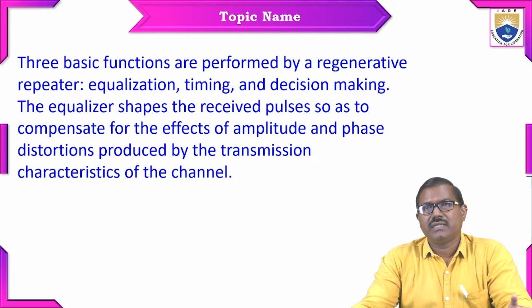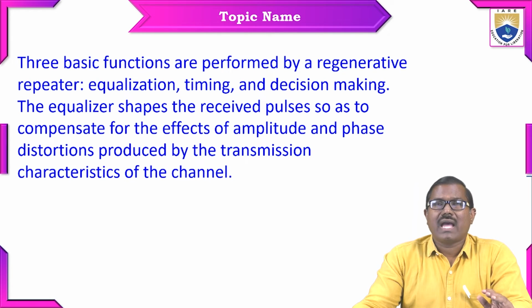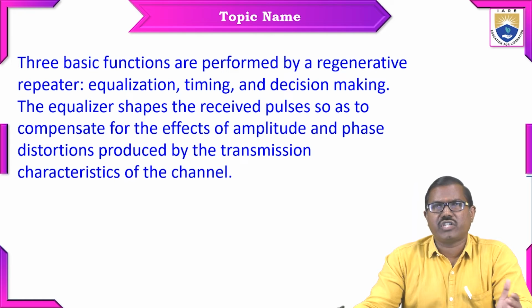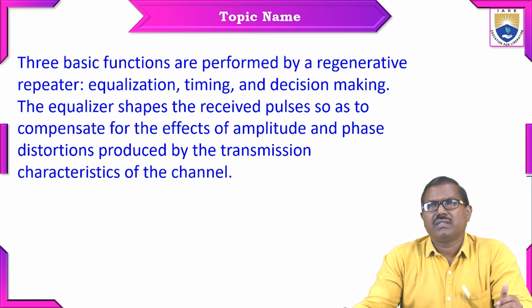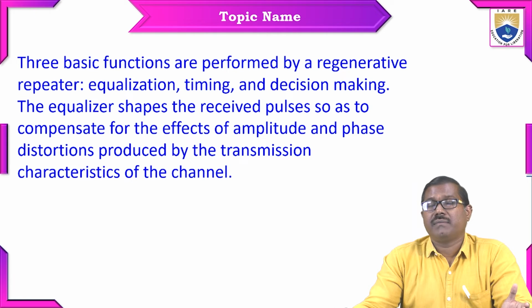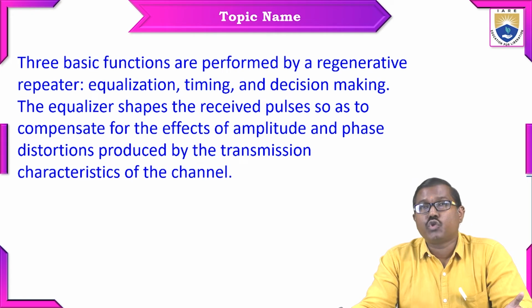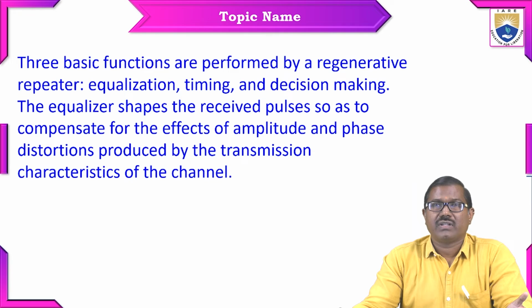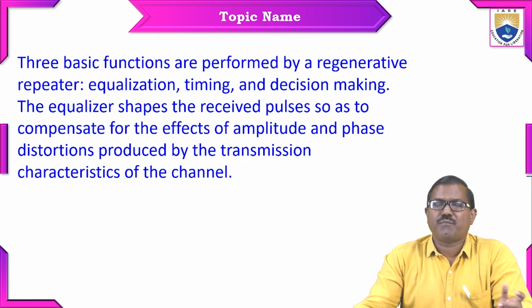We already discussed that whenever the signal enters, noise will add. By adding the noise, the signal is going to distort and lose its shape. The effects may be seen in amplitude and phase. These distortions are going to be compensated or controlled by the equalizer.